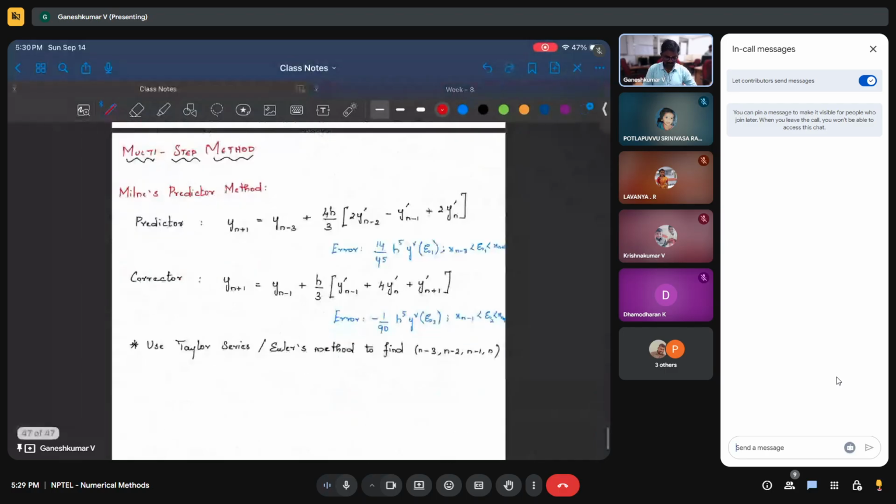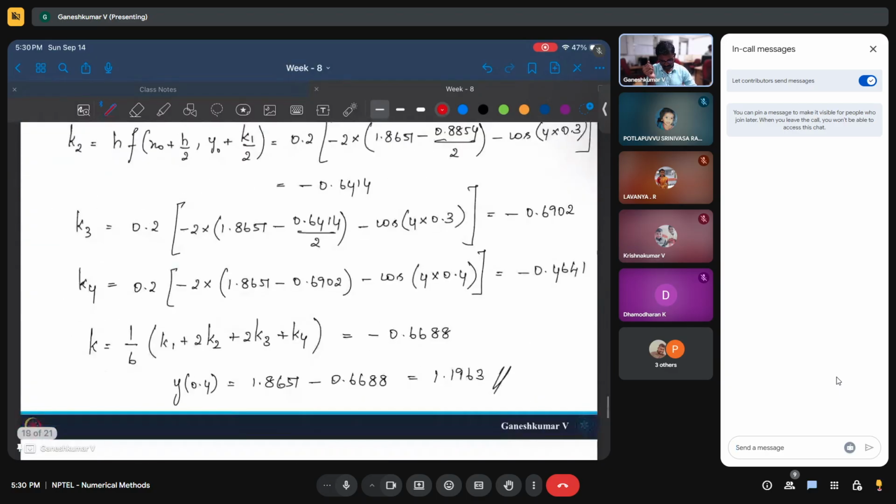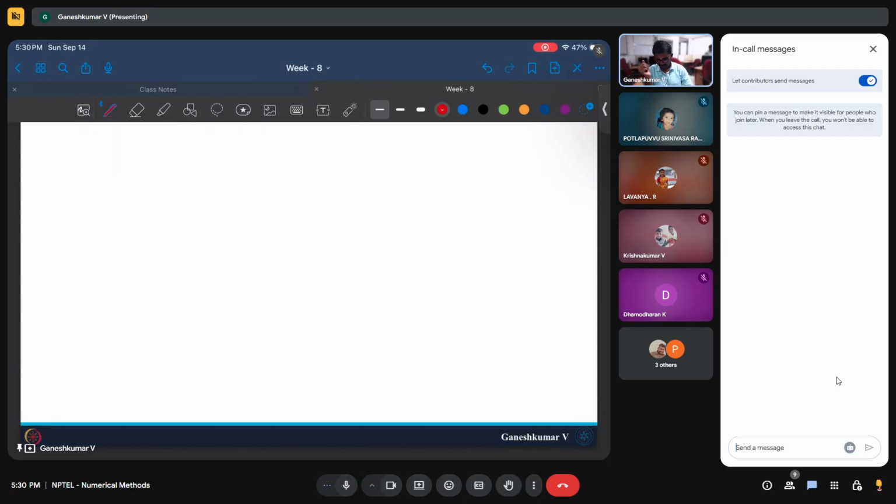We didn't really solve any problem for the multi-step method, but I think there is already one problem solved in the class, so you can use it as a reference, and similar problems you can solve in the textbooks. Let me also give you a quick idea of how to do this.